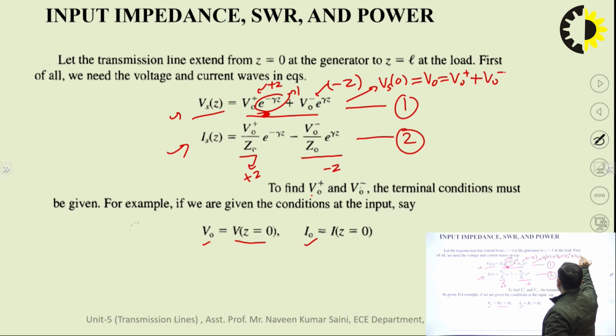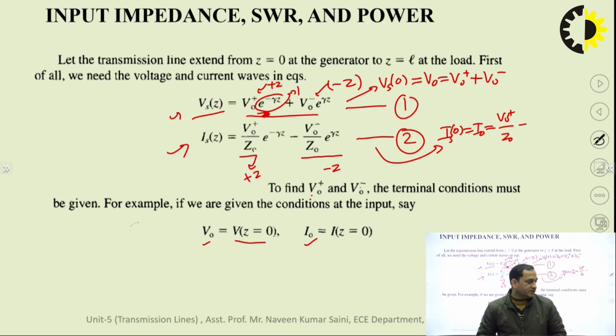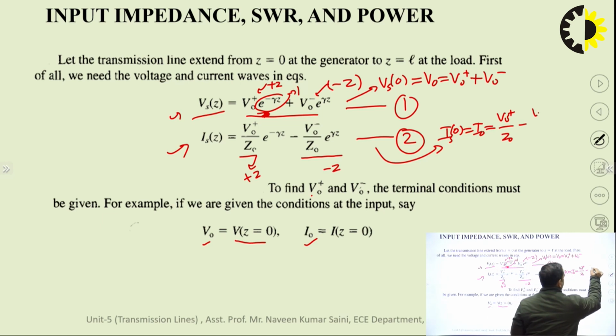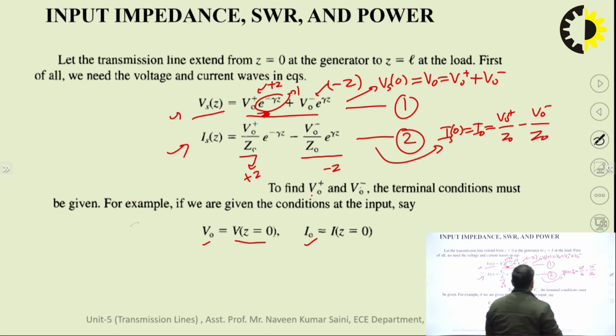plus V naught minus. Similarly, from the current equation we get Is at z is equal to 0, which is I naught, equal to V naught plus upon Z naught minus V naught minus upon Z naught, because z is equal to 0 and e to the power 0 is equal to 1.